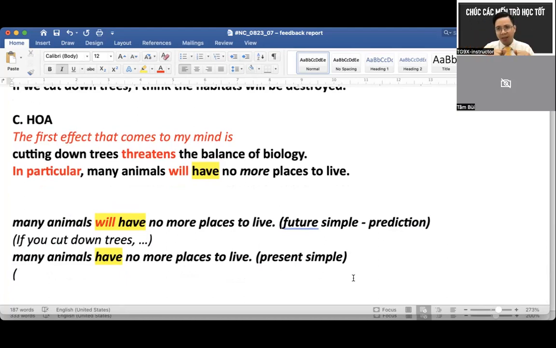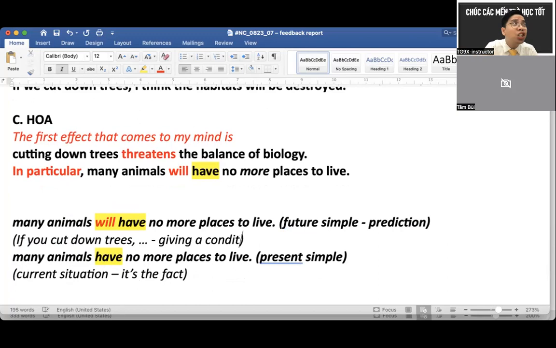I agree with you. I will repeat in simpler language, okay? So you talk about the current situation. It's the fact already. But the above, you are just giving a condition. So this may not happen. But if you cut down trees, animals will have no more places to live.